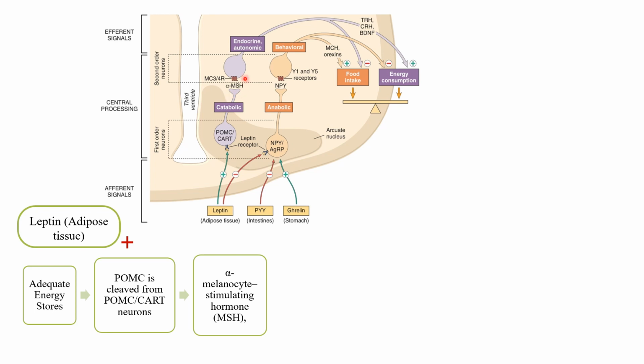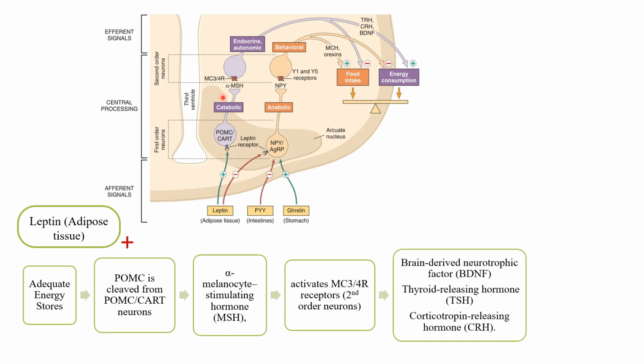This alpha MSH will go and activate your melanocortin 3 and 4 receptors, that is, it will set a stimulus for second order neurons. As this happens, these second order neurons will give rise to brain derived neurotrophic factor, thyroid releasing hormone, corticotrophin releasing hormone, and these hormones will initiate a catabolic pathway, thereby they will increase your energy expenditure and decrease your food intake.